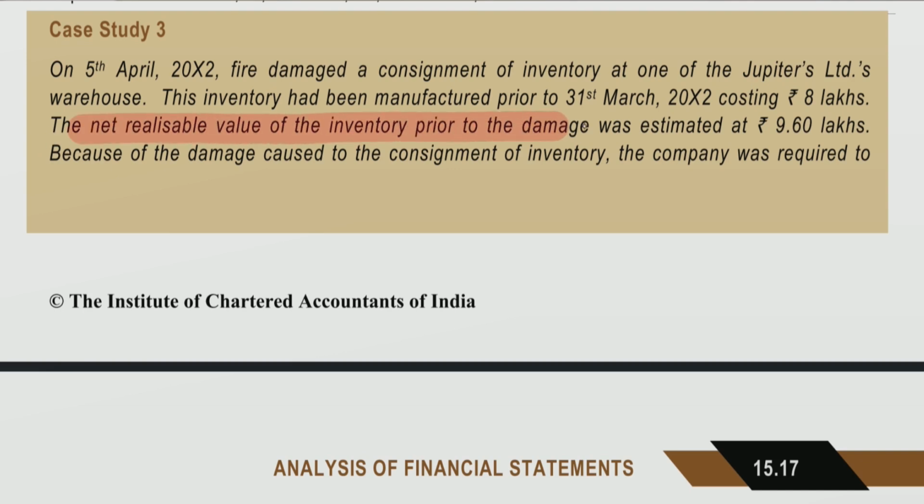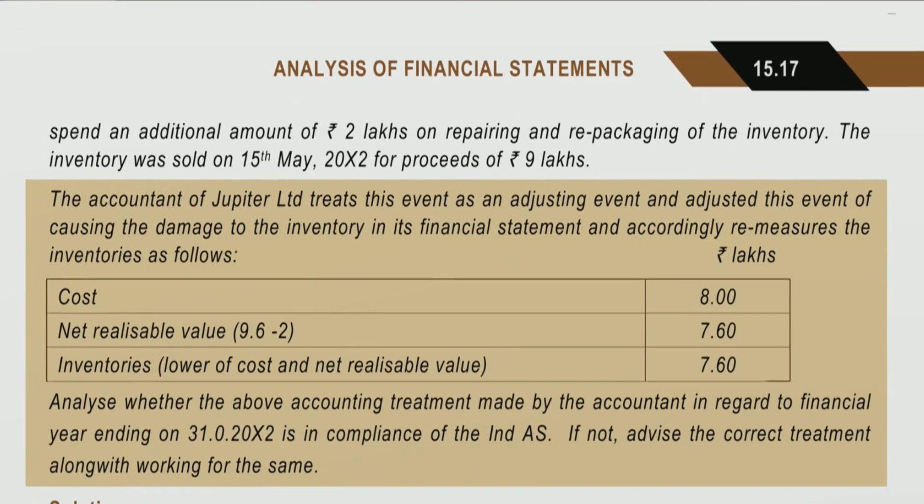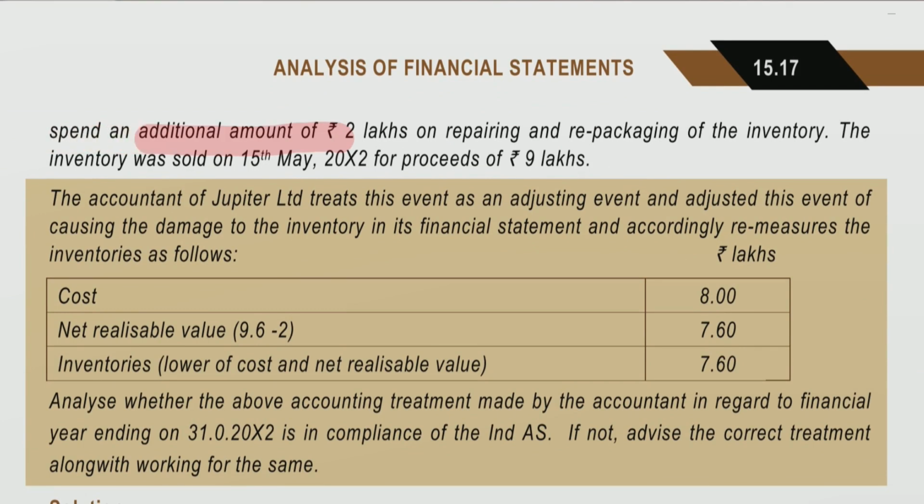The net realizable value of the inventory prior to the damage was estimated at rupees 9.6 lakhs. Because of the damage, the company was required to spend an additional amount of rupees 2 lakhs on repairing and repackaging of the inventory. The inventory was sold on 15th May 2022 for proceeds of rupees 9 lakhs.